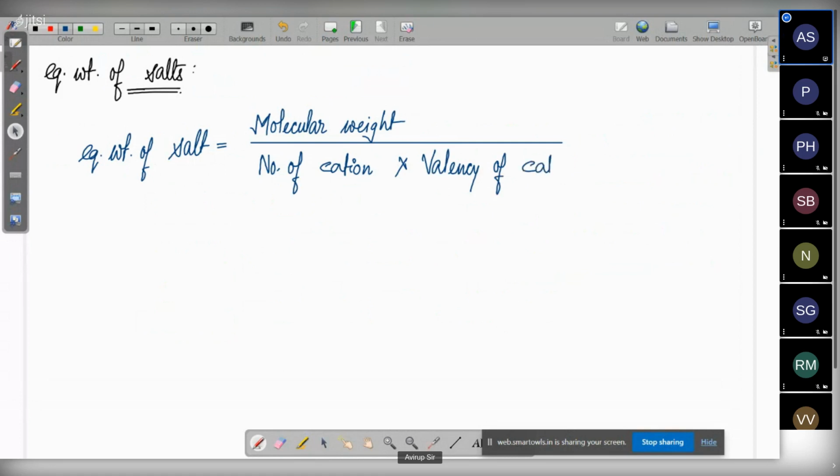Number of cation into the valency of cations.